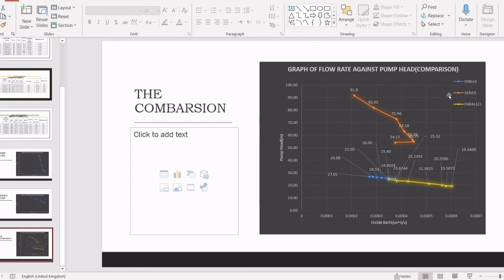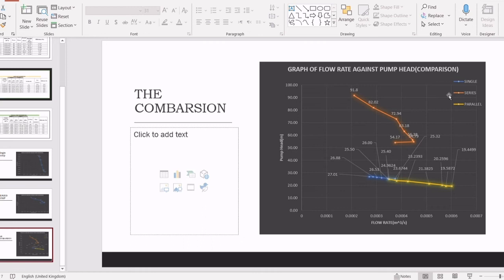As a result, we found that similar pumps in series give twice the head of the single pump at the same flow rate. The flow rate value for the parallel pump configuration is the highest compared to the others, and the series pump had the lowest flow rate.